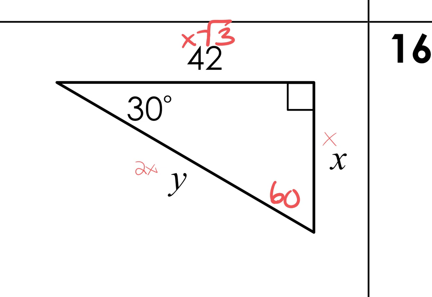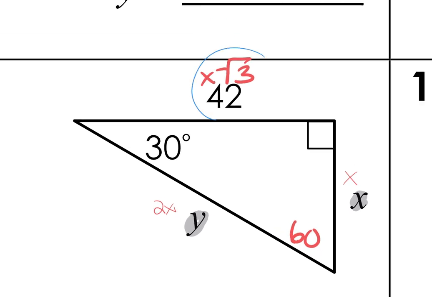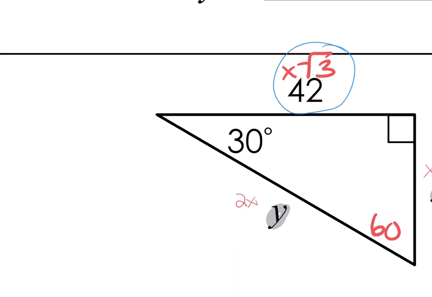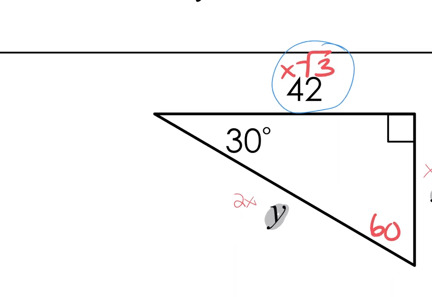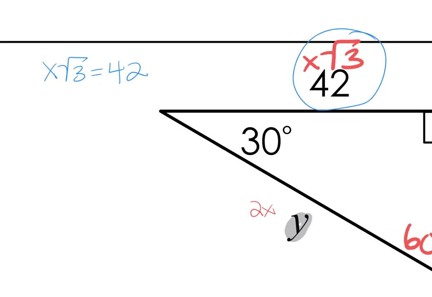Once again, class, I'm pretending the y and x just don't exist right now. To start it off, I have to begin with the side that they gave me. This is the side that they gave me, the side that's in the ratio x square root of 3. I'm going to make an equation. x times the square root of 3 equals 42.